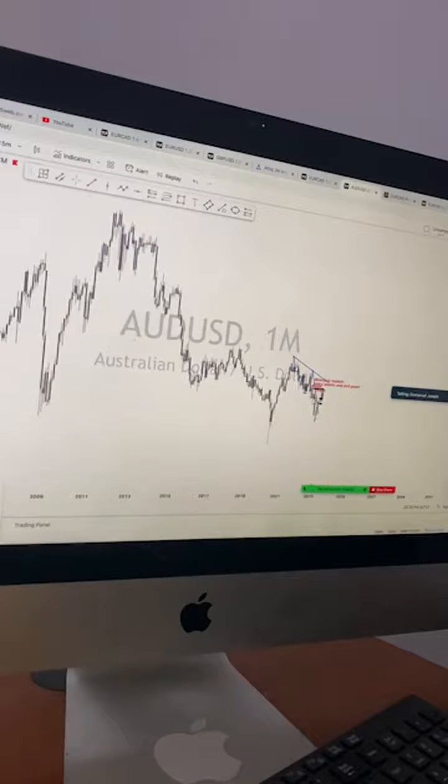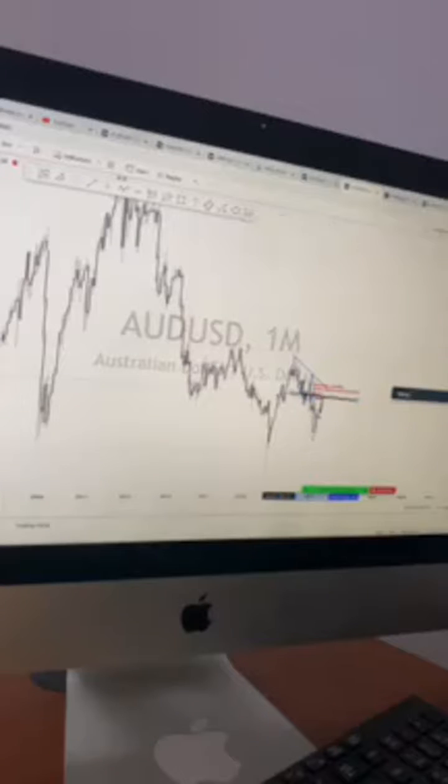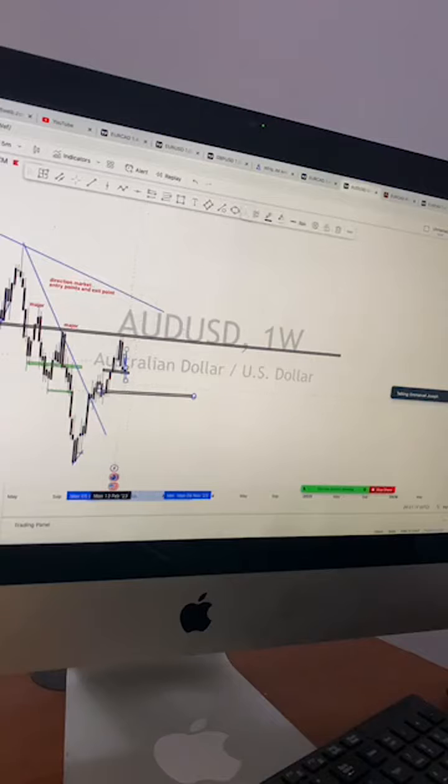I already have some levels that I already marked, so I can just extend those levels. For chart patterns on the weekly time frame, let me clear this.